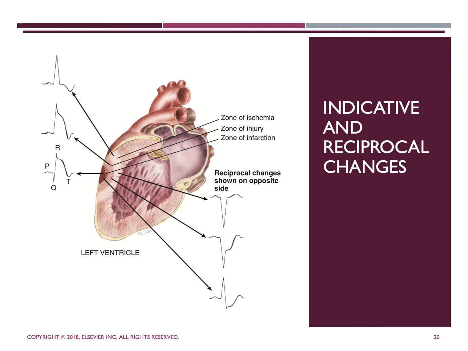The area supplied by a blocked coronary artery goes through a sequence of events that have been identified as zones of ischemia, injury, or infarction. So each zone is going to be associated with certain characteristic ECG changes that are going to affect the shape of the QRS complex, our ST segment, and the T wave as well.